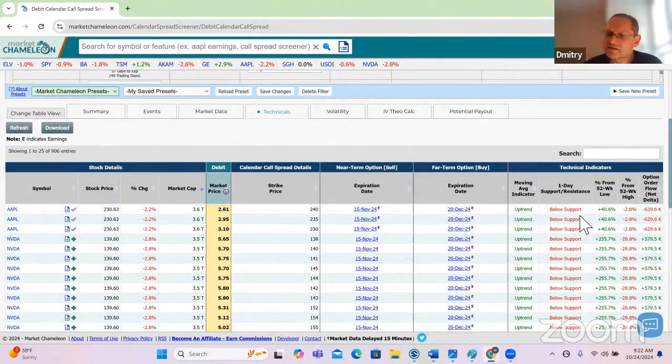What about on the day? Sometimes you just want to know how it's been doing today, on the most recent day. So this is referencing a support and resistance band based on the daily volatility of the stock.